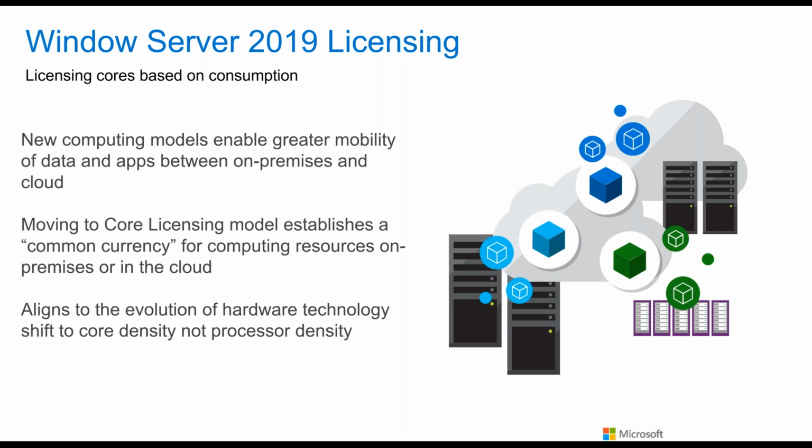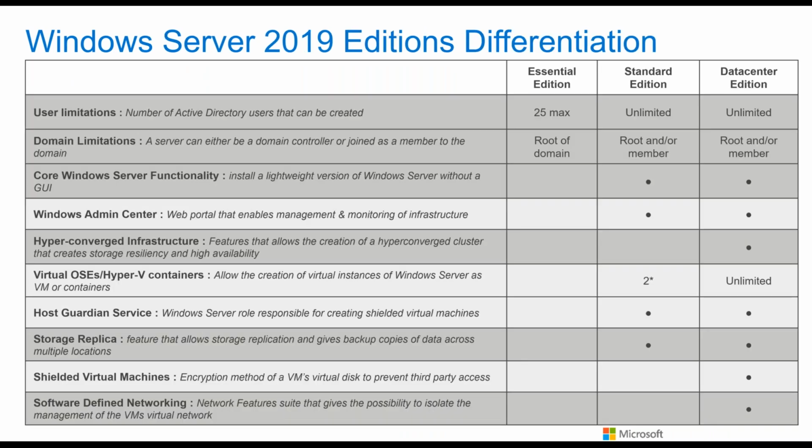Prior, we used to have CPU licensing, but we moved into a core licensing model to establish a common currency, both for our on-prem servers, but also for the cloud solution. So now we are strictly core licensed, and as we're going to see in the next slides, we can see how we license those cores.